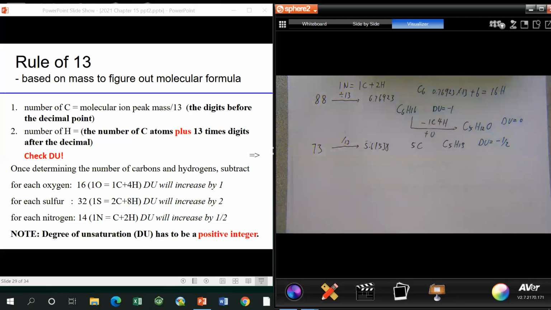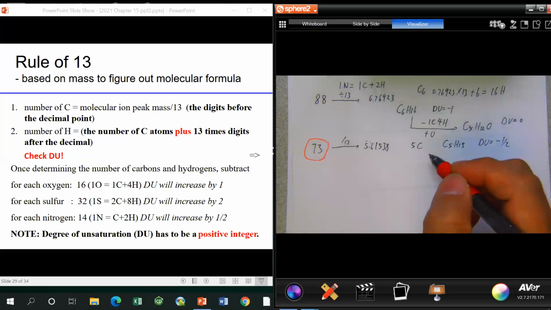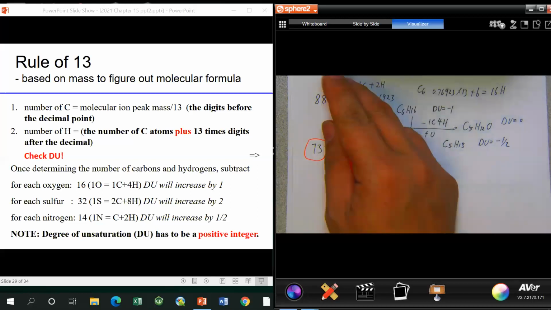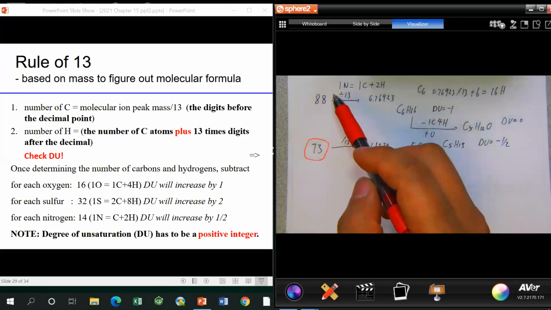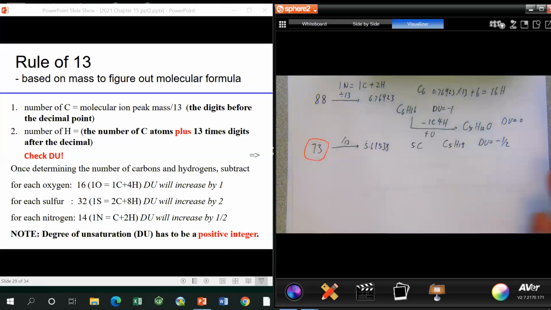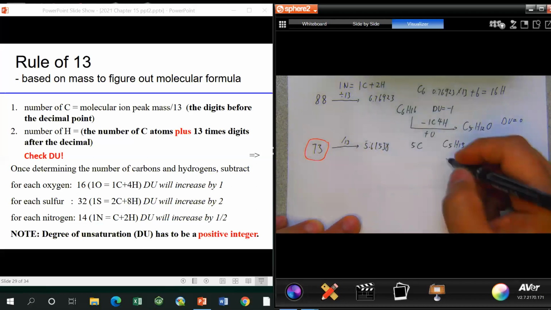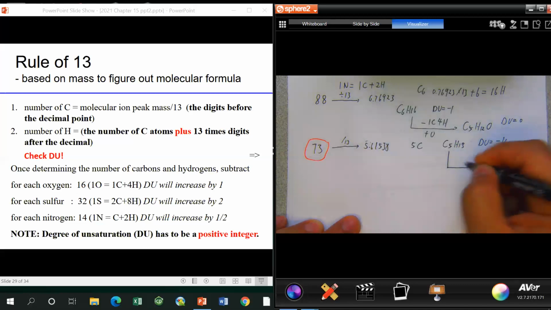So for replacement, you don't randomly try oxygen, sulfur, or nitrogen. Look here: this mass is an odd number, so we can apply the nitrogen rule. Normally the mass should be an even number, but here it's an odd number, which means there is an odd number of nitrogens in the molecule. So in this case, from C5H13, we replace one carbon.